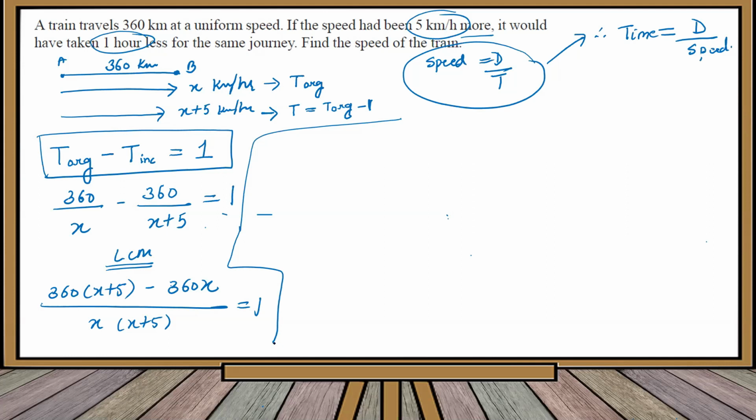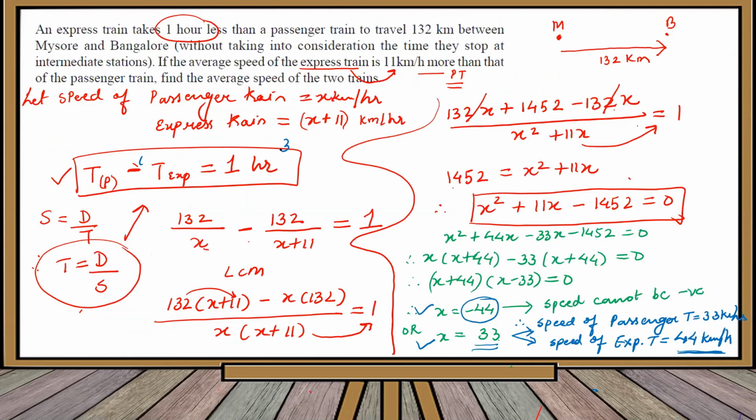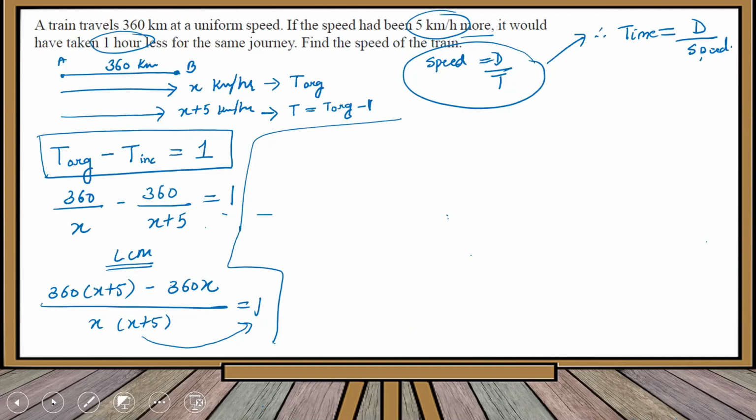Okay. So I'll take this denominator to my RHS, and if we open the brackets over here, we'll get to know that this is 360x plus 360 into 5. So half of 3600 will be 1800, plus 1800 minus 360x equal to x square plus 5x.